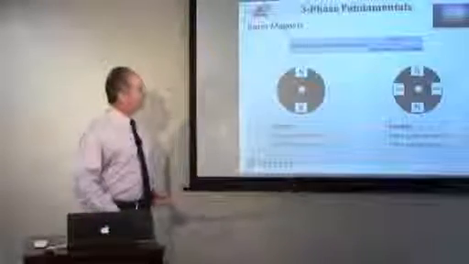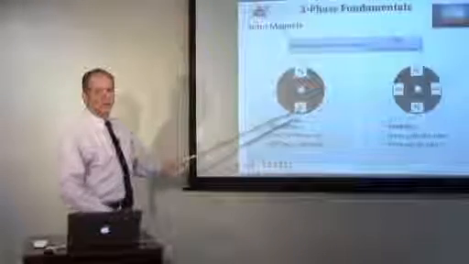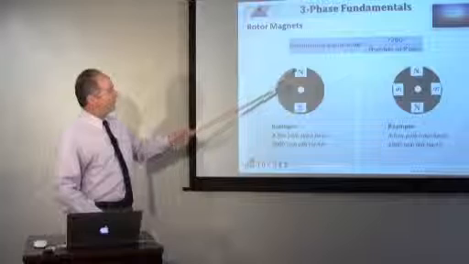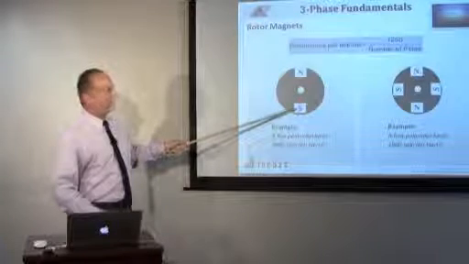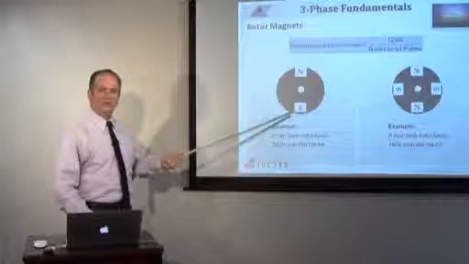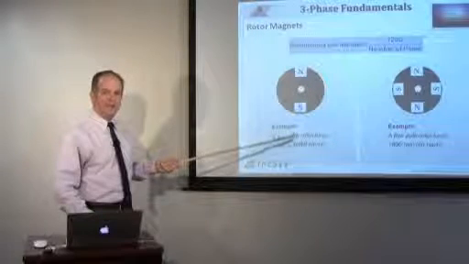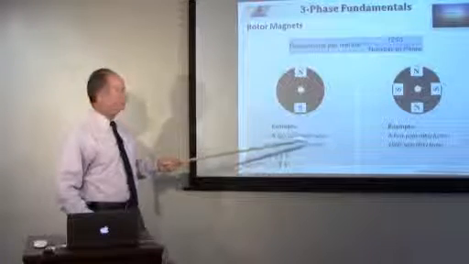Now, taking it a step further, in a generator's rotor, we might have a north pole and a south pole, which is made up with the coils. We're using electromagnets, not permanent magnets, on big generating systems.